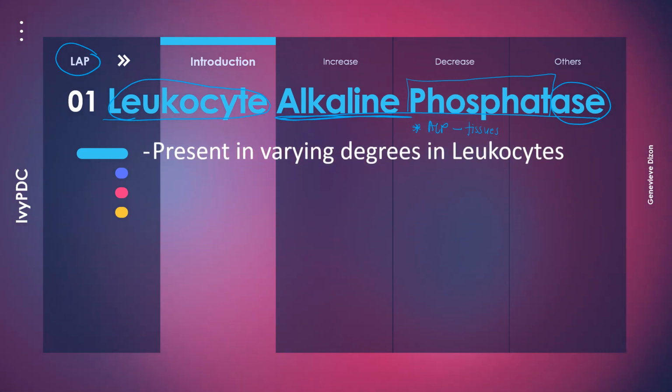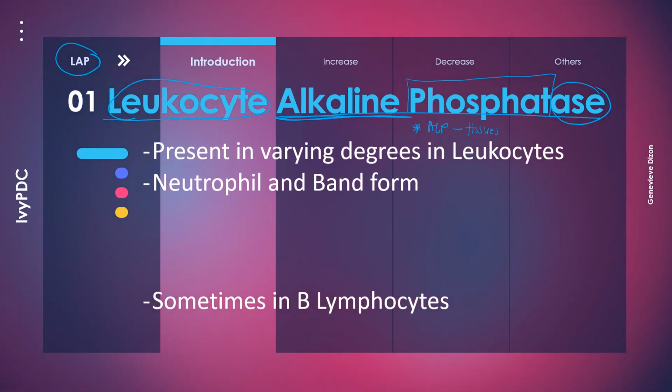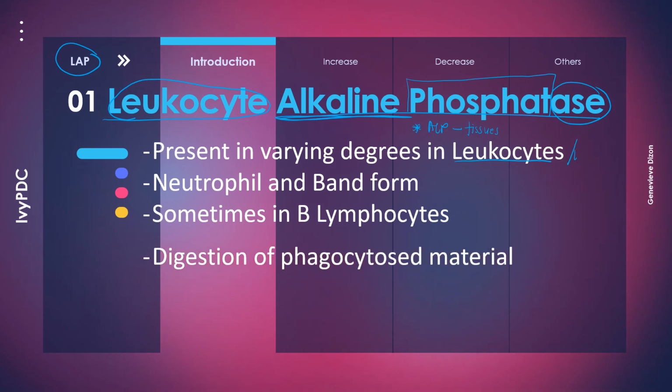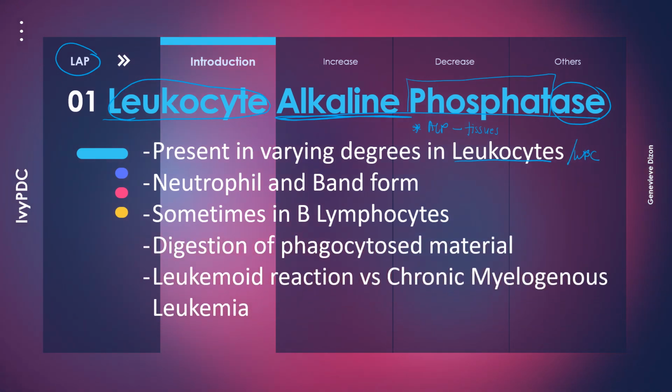As the name suggests, LAP is found in leukocytes or white blood cells in varying degrees. It is most evident in the mature form of the white blood cells, such as the neutrophil and the band form, because LAP is found in the secondary granules of the neutrophils.